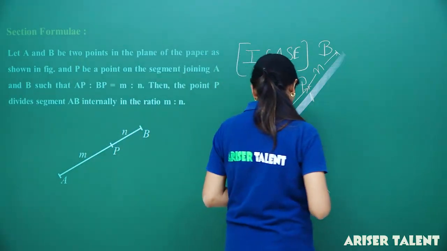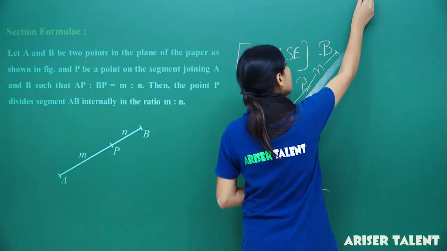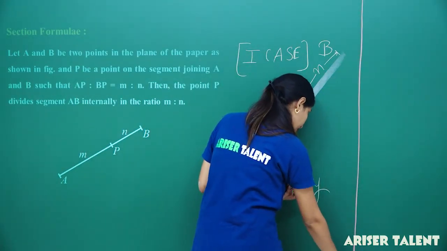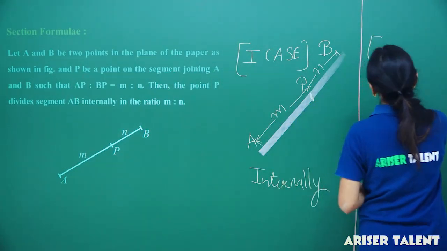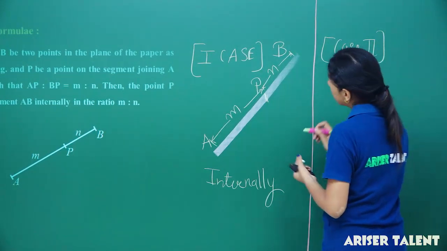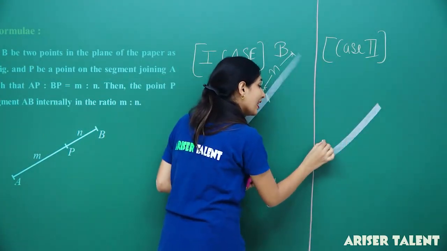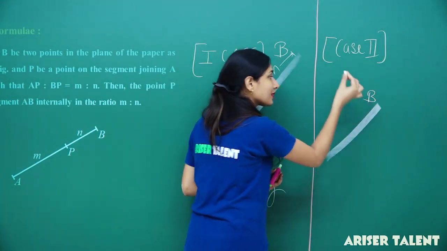Now for external, we'll talk about case 2. That's a line AB.